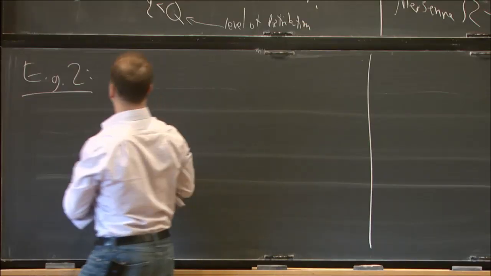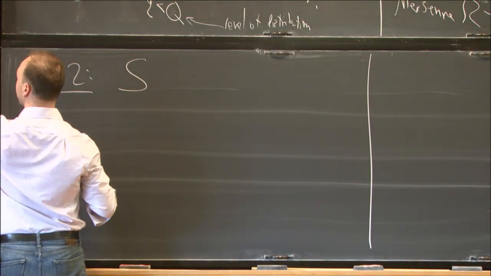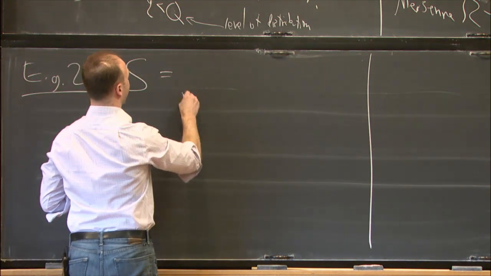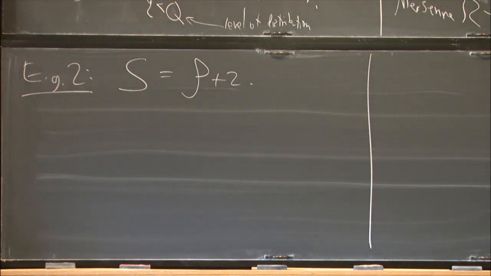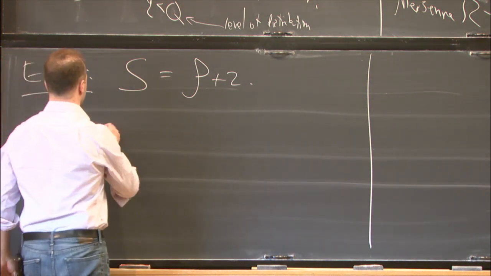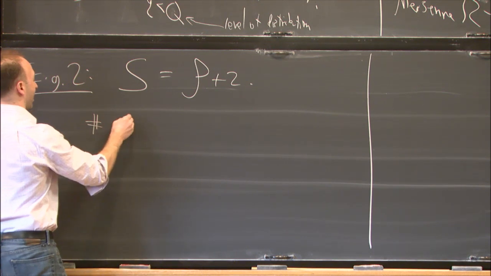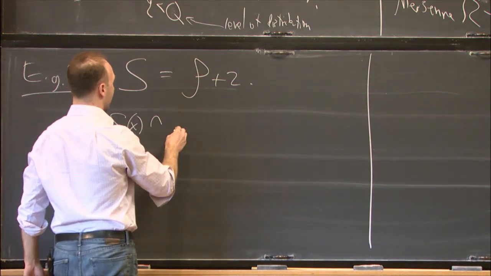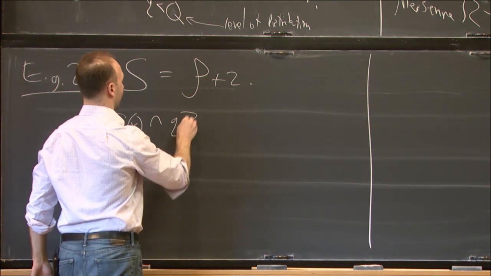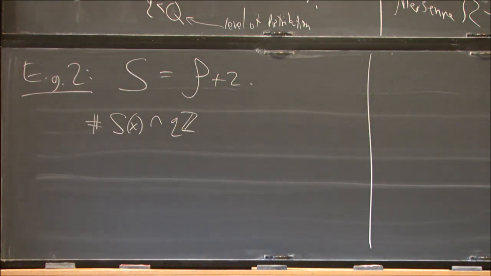Let's take our set to be, so new example, new sifting set. It's the primes themselves, maybe shifted by 2. Let's try to prove the twin prime conjecture. Okay, so we want to know how many primes, shifted primes, there are up to x in a progression 0 mod q.